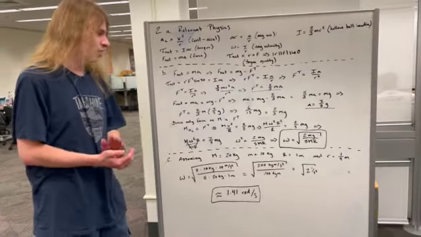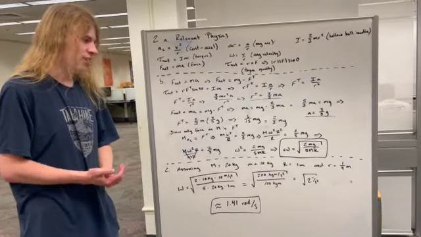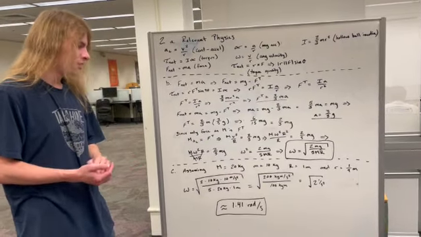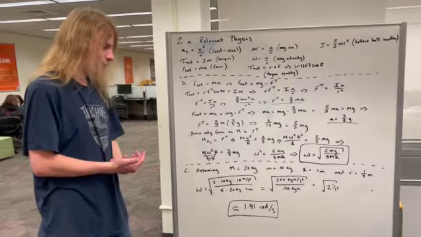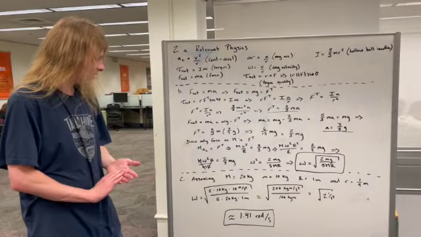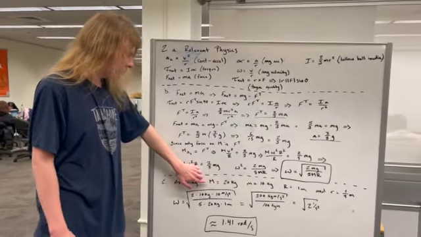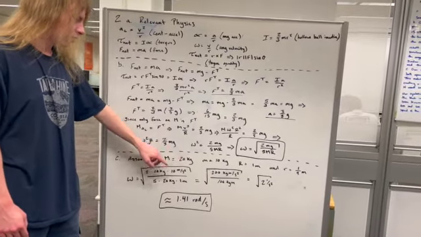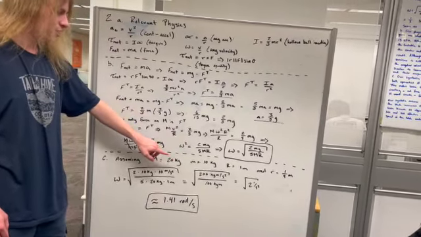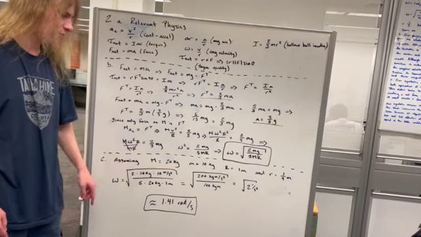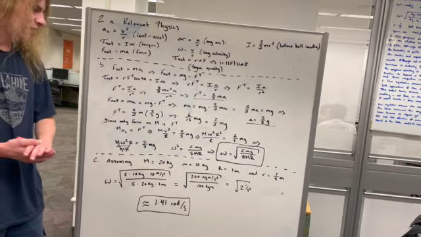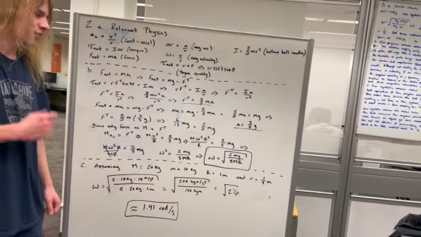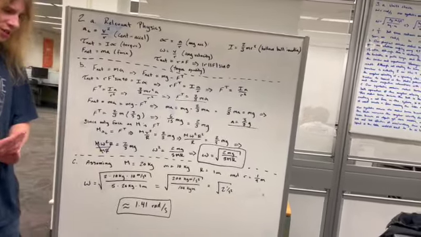Okay, so now that we have our equation for omega, we can plug in some values. We're going to assume that our big M, the mass of the block, is 20 kilograms. Little m, the mass of the sphere, is 10 kilograms. We're going to assume our big R is 1 meter, and then our little r is 1/4 meter.